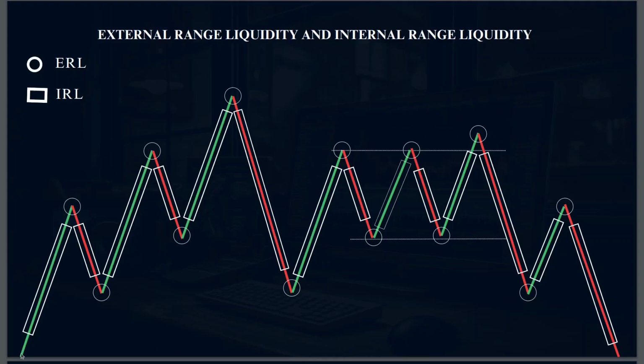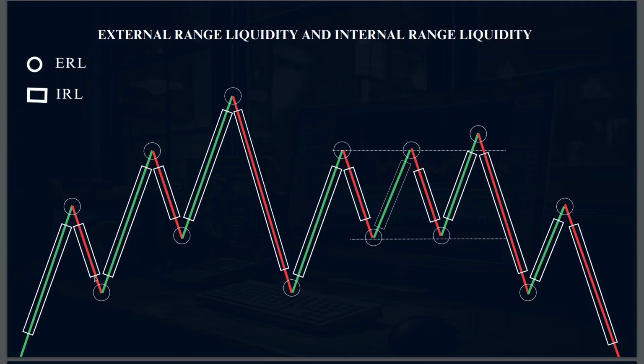When price starts from this place, it moves up, creates a high here. What happens here? Why does price move down? There are sellers who entered the market at this price range. When sellers entered the market at this price range, it causes this price action to move down to this area.